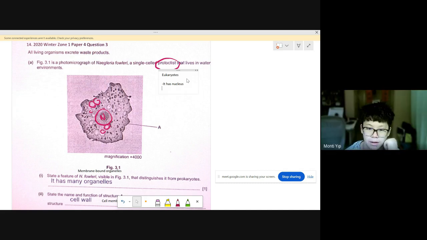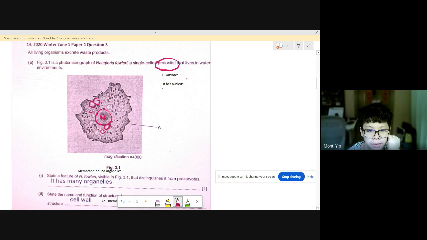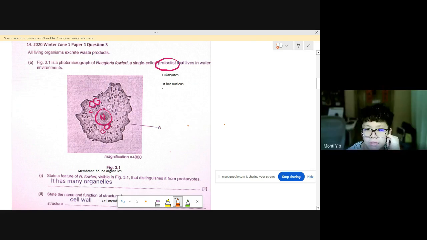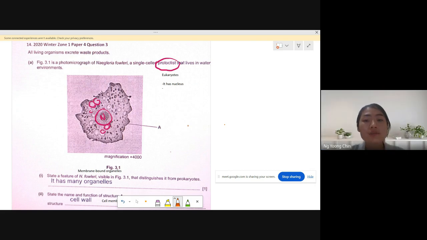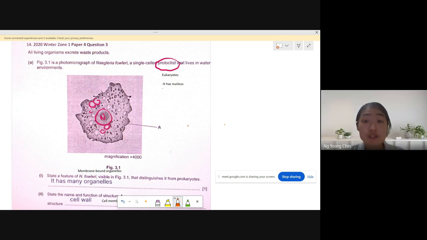Secondly, what can you see? It doesn't have the flagella. But some protists have flagella and they still belong to the eukaryote cell.